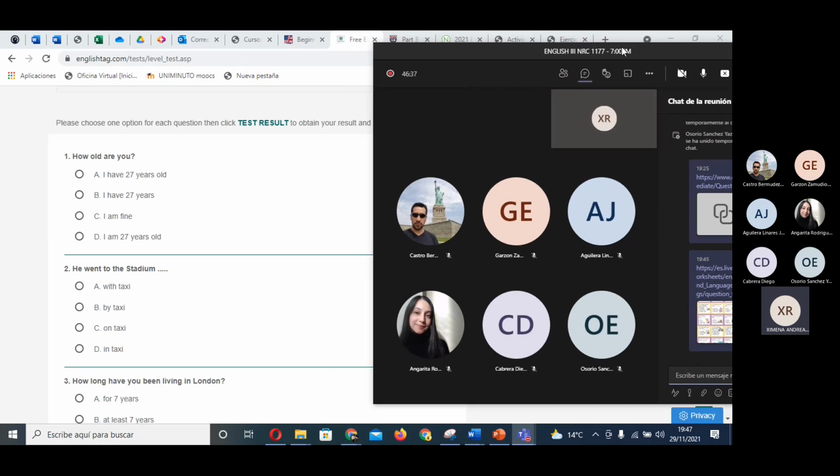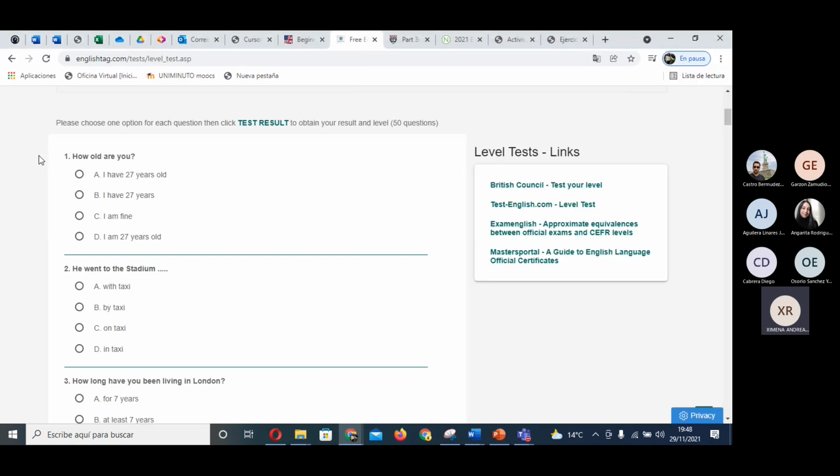Y allí, pues es simplemente inglés general, inglés en contexto, o sea, no es específicamente tag questions los que nos van a preguntar, sino pues todo el inglés que a nivel de inglés 3, pues se supone que hemos venido estudiando. Entonces, los invito a que hagamos una revisión, como es algunos ejercicios aquí, seguramente vamos a revisar algunos de los que tenemos en esta página, pero también pues los que están de pronto establecidos en la presentación que también les traía a modo simplemente de ejercitarnos un poco con inglés y recordar cosas.